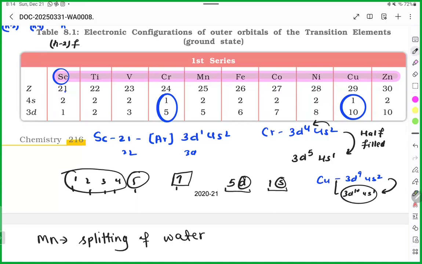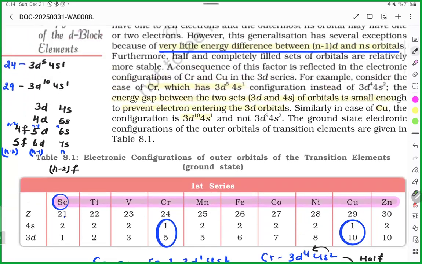Here, half-filled is more stable. Here, for example, if you see 9, again there will be a fight between the people. But if this person gives one bread to this one, at least five people will be happy, right? So more people are happy when you distribute equally. Correct? Any doubt? Yes, sir. No, sir.